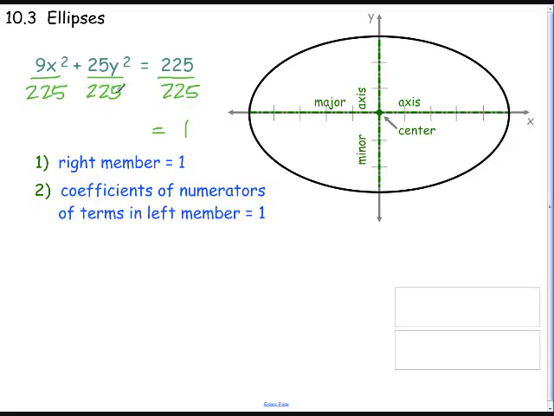And then what did I do? I said, okay, y squared over 225 divided by 25. So I got the coefficient of my y term to be equal to 1. And I did the same thing with my x. 225 was in the denominator now, and then I divided by that 9.